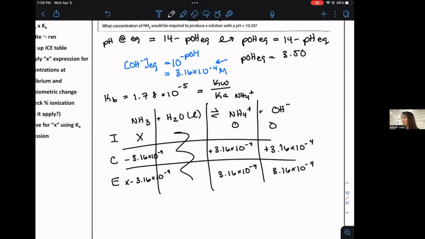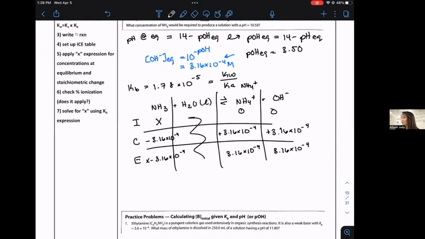Okay. But when do we know when to use that number instead of x? Well, we use that number where it fits in the table. It fits in the table as the equilibrium concentration of OH. It is our value of OH concentration at equilibrium, so we put it into the table in that slot.